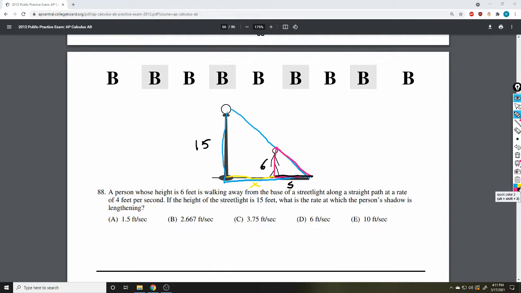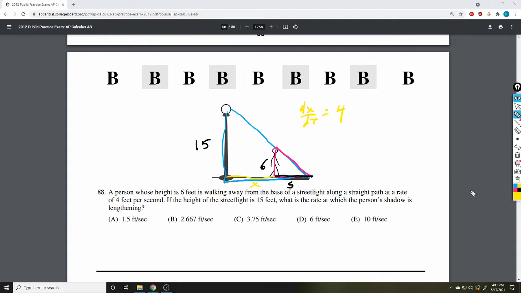And we are given the rate that they're walking away from the street light. So we are given dx/dt to be 4. Since they're walking away from the street light, that's going to be a positive rate.